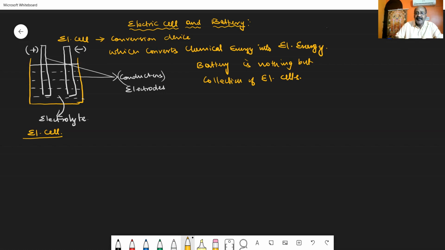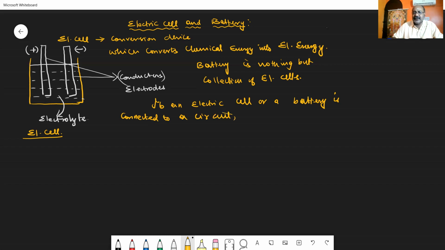So when an electric cell or a battery is connected to a circuit, charges are flowing from one electrode to another.